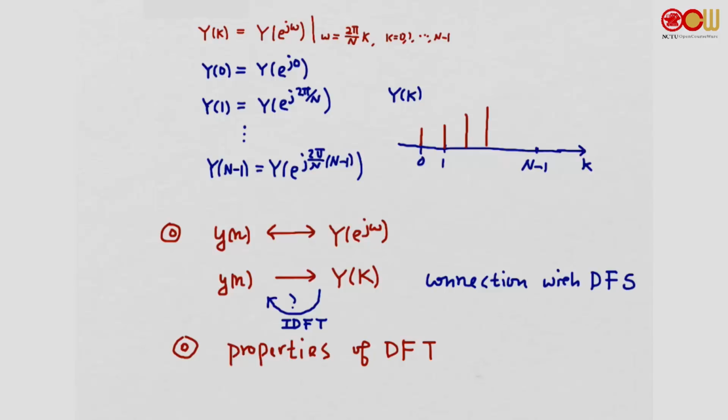Discrete Fourier series is the discrete version of the Fourier series that you have learned for continuous time signals. So here are some of the issues that we will talk about in this chapter.